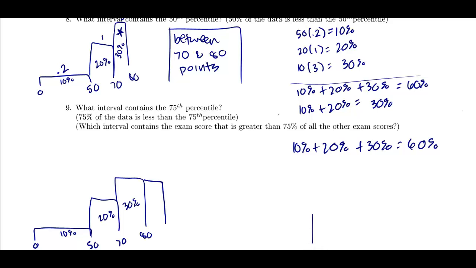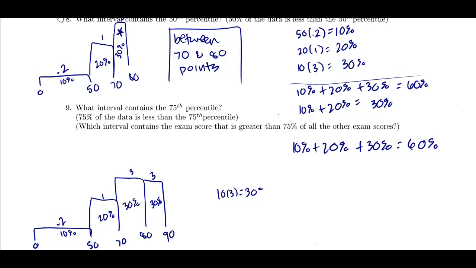So from 80 to 90, that has a height of 3. So let's see, 3 times 10, or 10 times 3 to keep with our same format we've been writing it in, gives me 30, so this is a 30%.